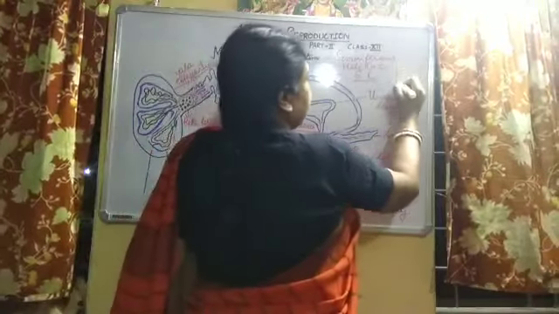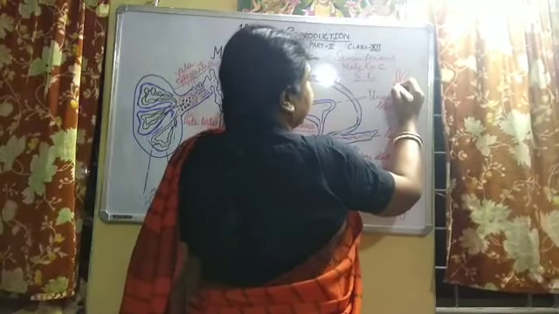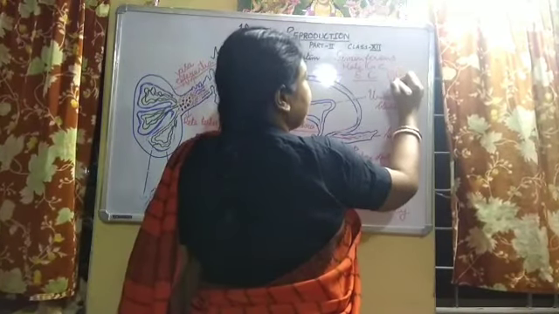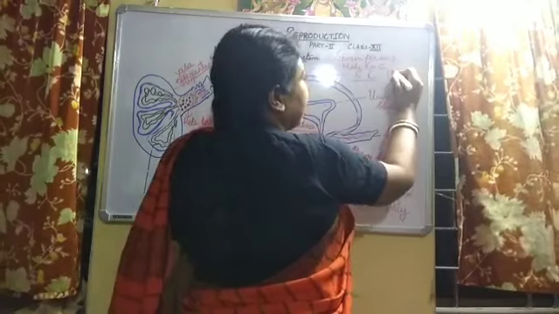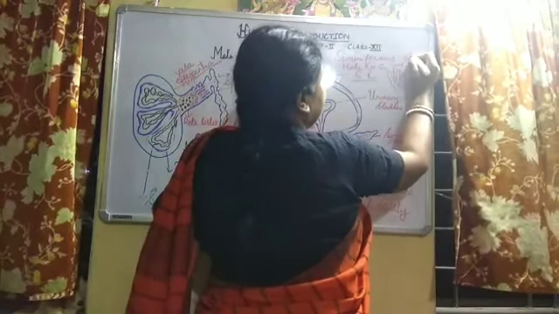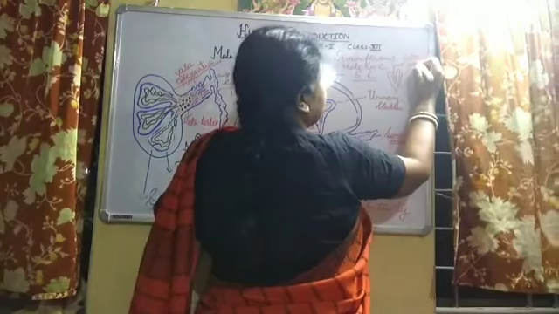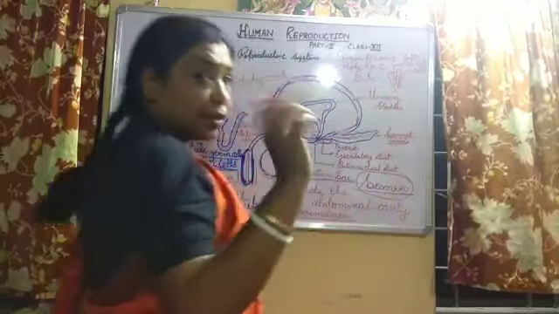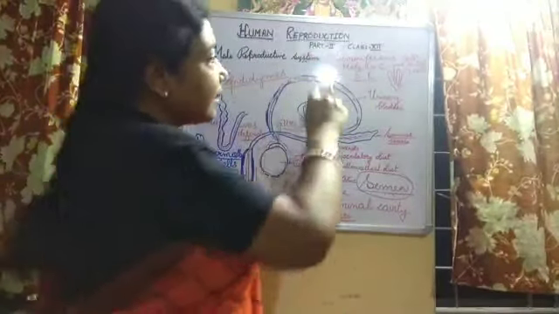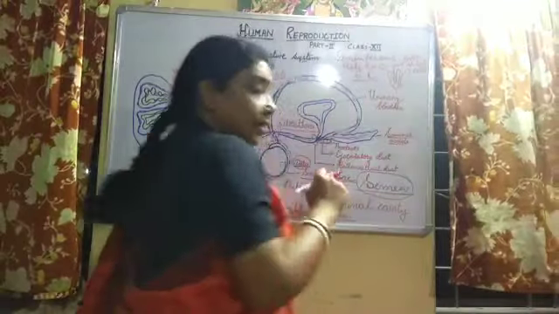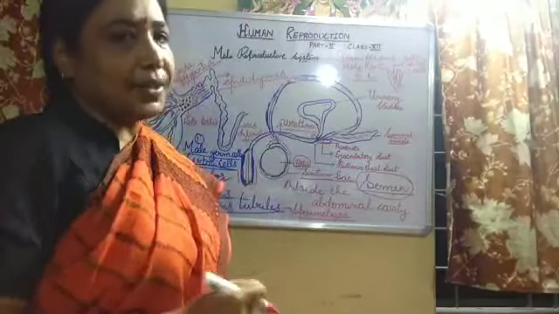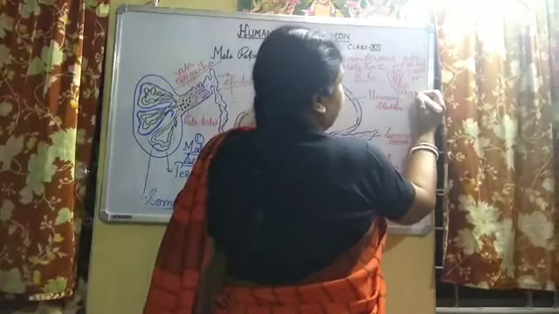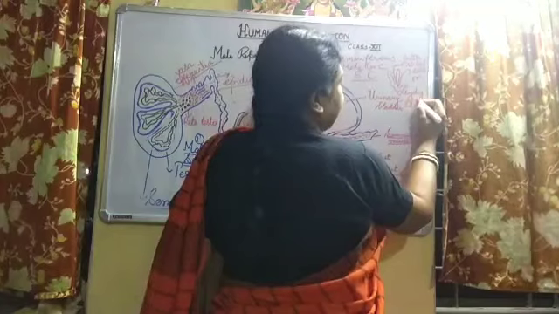If the seminiferous tubules are these coiled structures, you will find space in between two seminiferous tubules, and this space is known as interstitial space, consisting of interstitial cells, or Leydig cell.